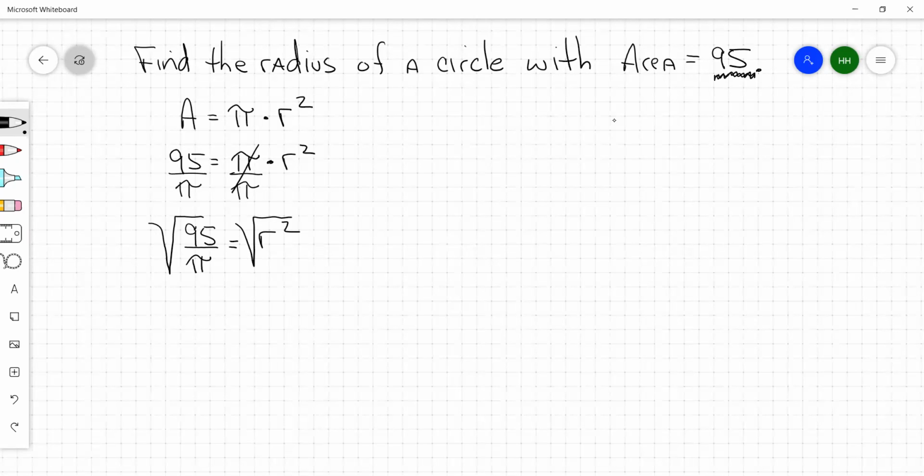So in your calculator, you type 95 divided by pi button and you hit equals. While that is still on your screen, you push the square root button and you get 5.5 equals the radius. So you are finished.